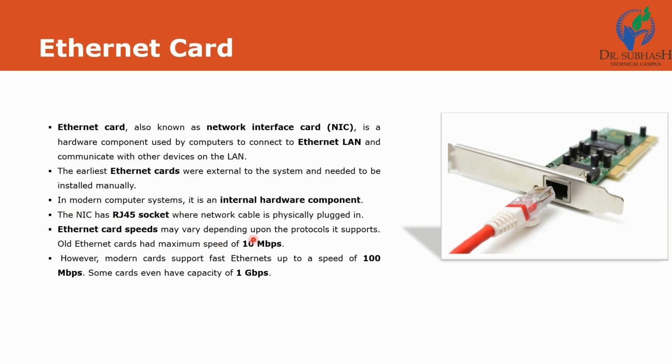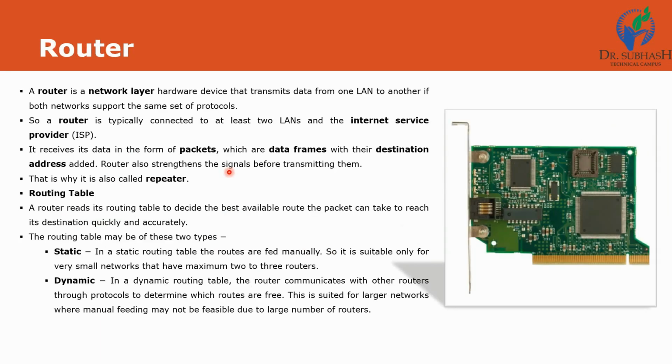The speed of an Ethernet card is up to 10 Mbps, and recently we can use 100 Mbps and also 1 Gbps. So that is an Ethernet card. Now again, a router.